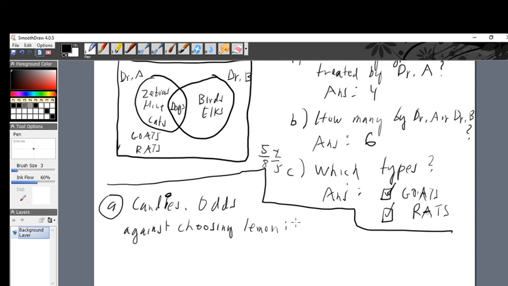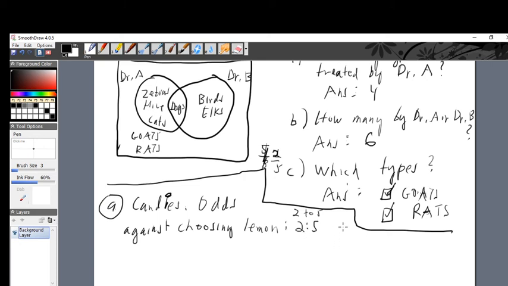For odds, you either do 2 colon 5, right? Not 2 over 5. That's a probability. So I've seen them use that for odds. I don't know why. But they should say either 2 colon 5 or 2 with the letters TO, as we discussed in class. Either that or it should say 2 to 5. That's the odds against choosing lemon.